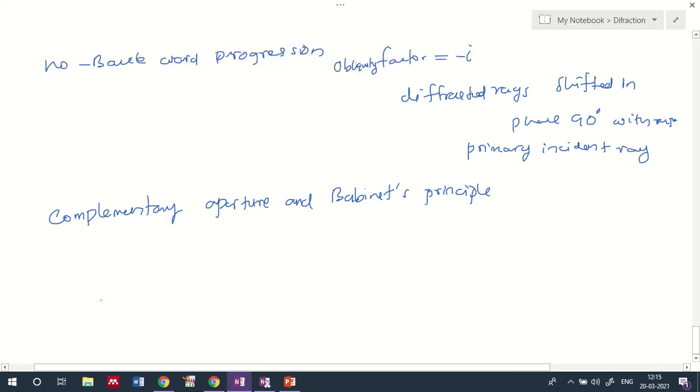Okay. So we have a complementary aperture, and by considering in that respect, we'll have a discussion on that too. What does a complementary aperture mean?